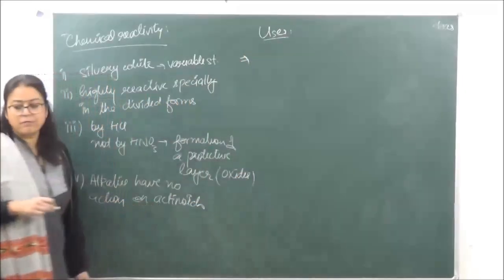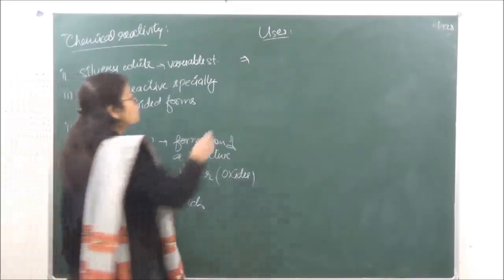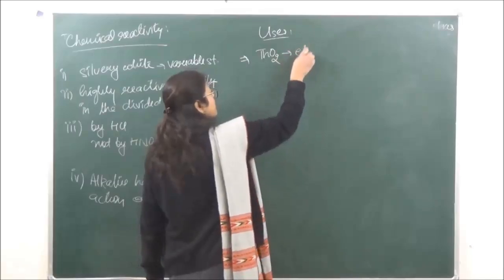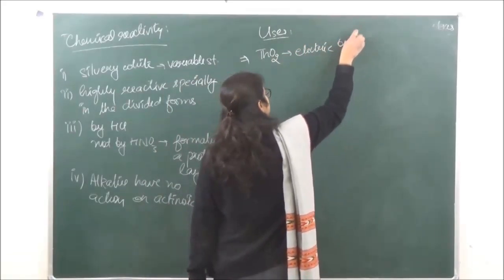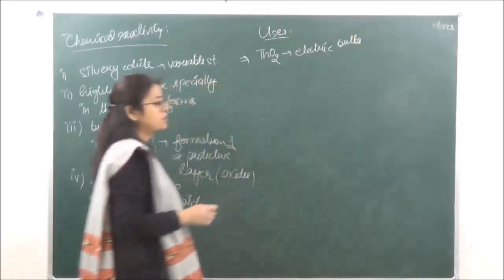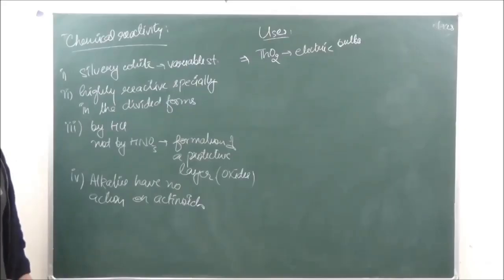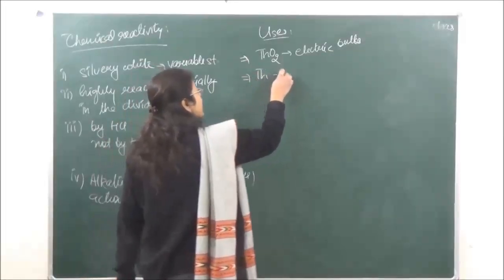And then the last thing we are going to do over here is the uses of actinoids. The first use is thorium dioxide, which is used for making electric bulbs. Then thorium is also used in the manufacture of rods of atomic reactors.